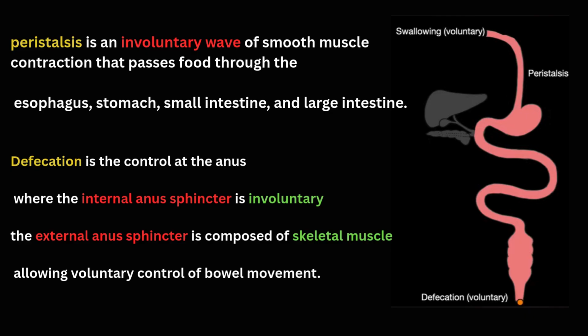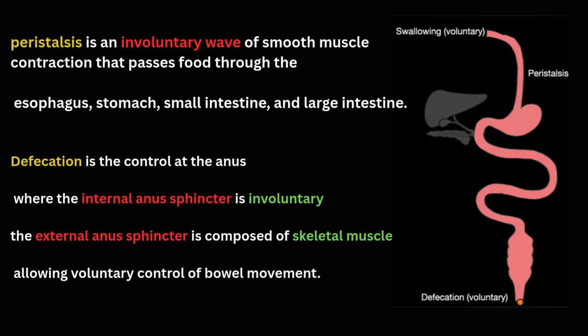Now, talking about defecation. Defecation is related to the anus, the control of the anus, where the internal anal sphincter is an involuntary movement and the external anal sphincter is composed of skeletal muscle. When we say internal and external anal sphincter, we're talking about the muscles around the anus itself.